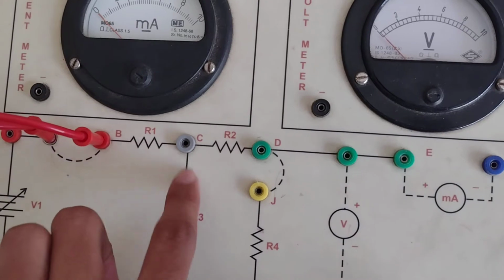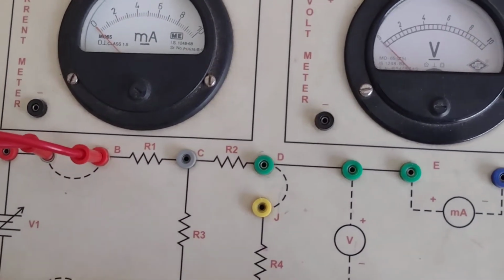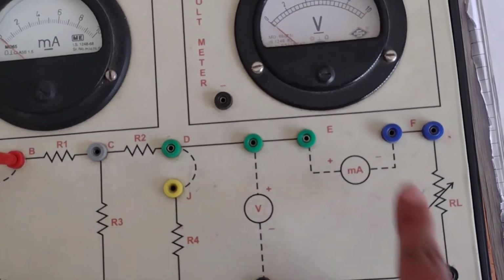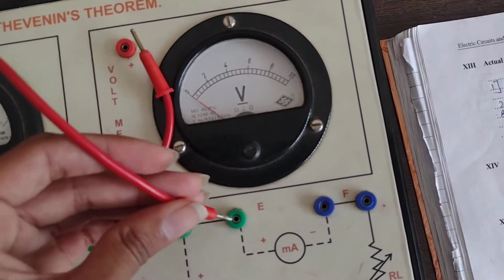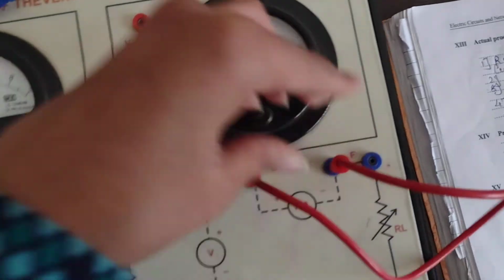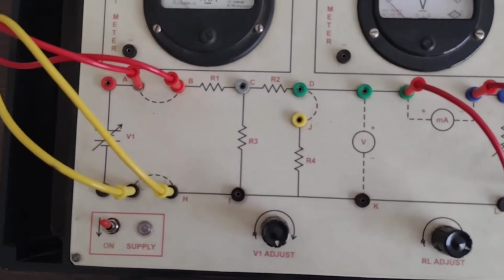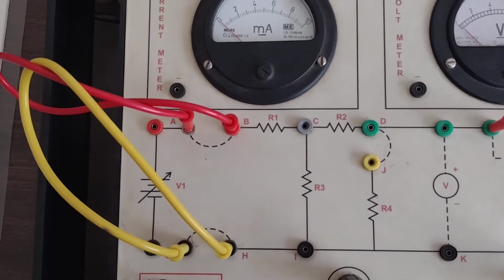This dark line shows these are internally connected. Then we have to connect the load resistance and one milliammeter. Thus the circuit gets completed. Then we will see the actual procedure for this practical.